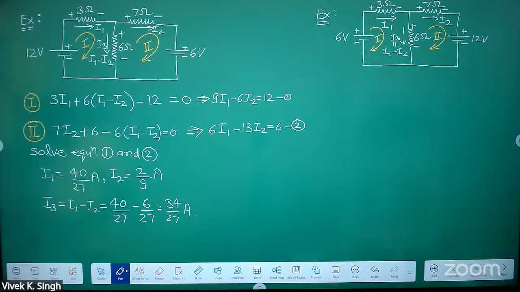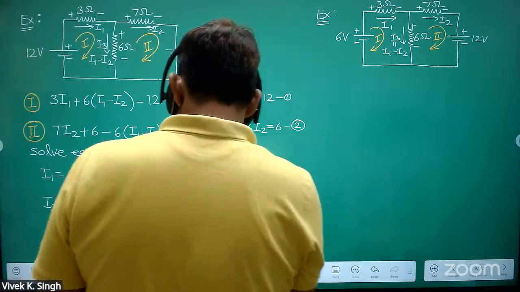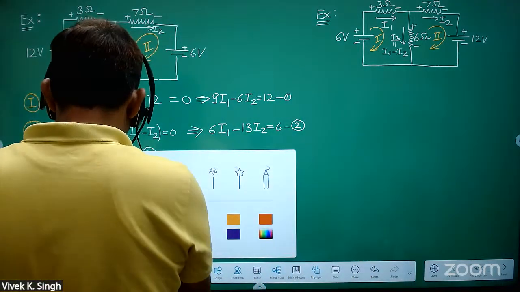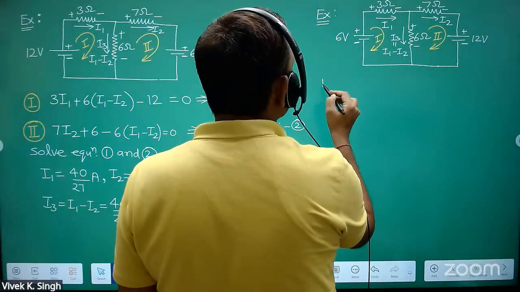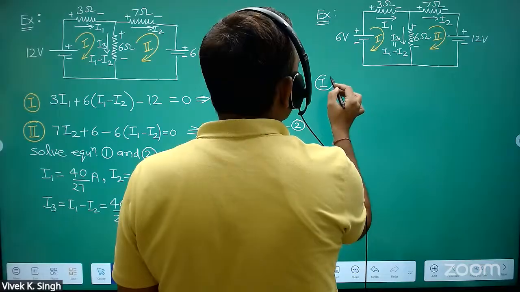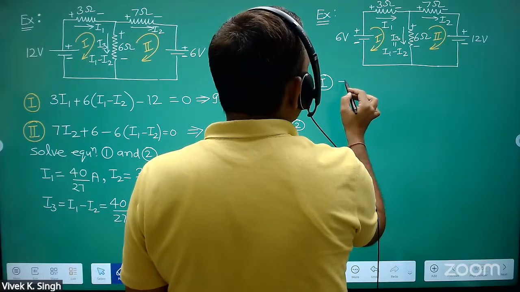Try to calculate this value. So again, you should see in loop 1, what you will get: minus 6.